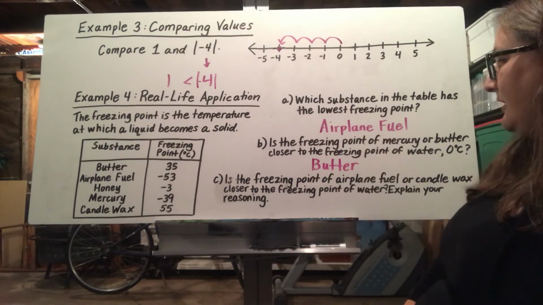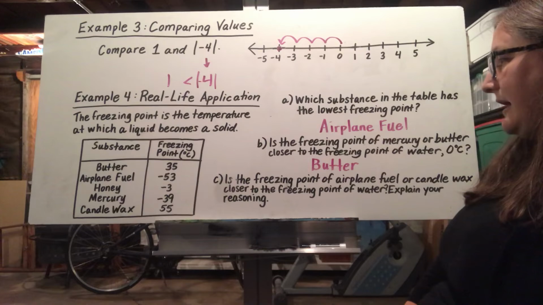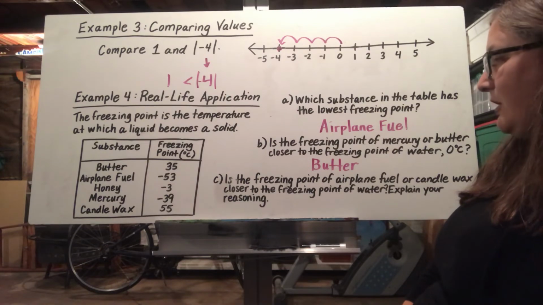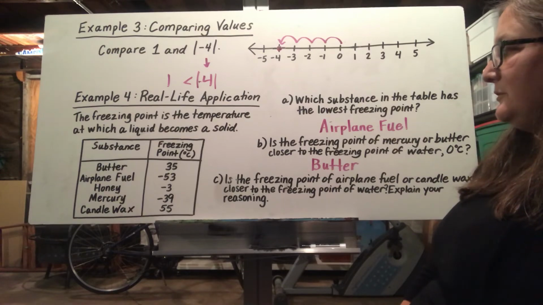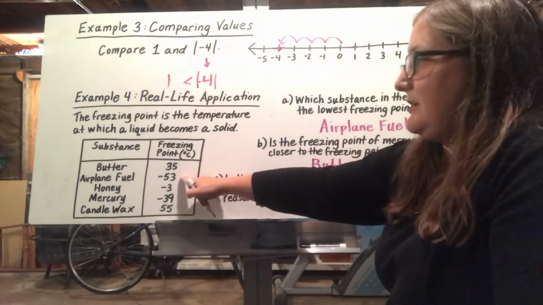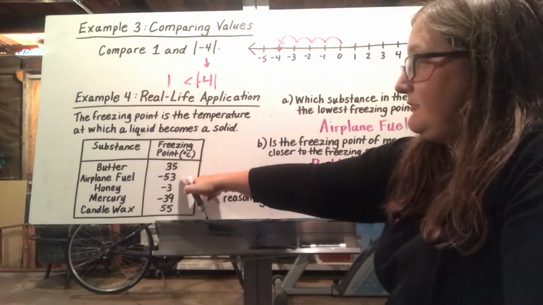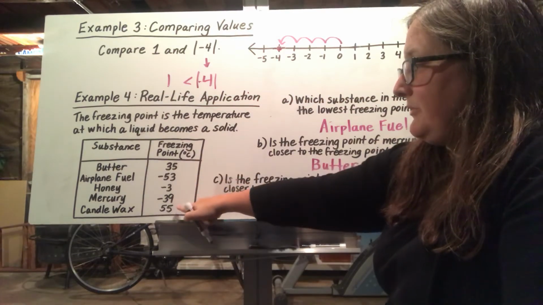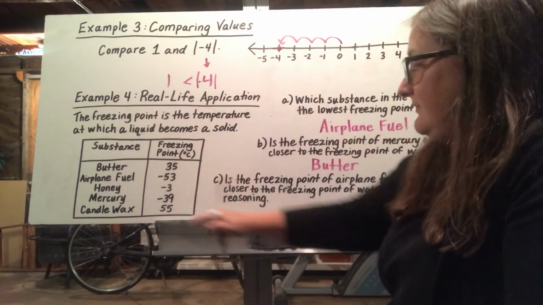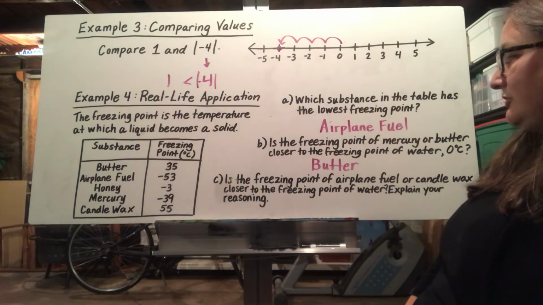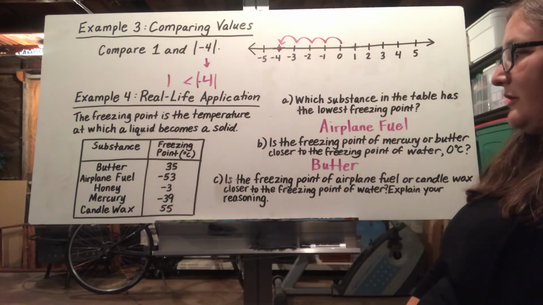Finally, is the freezing point of airplane fuel or candle wax closer to the freezing point of water? And explain your reasoning. All right, so airplane fuel freezes at negative 53, so it's 53 degrees Celsius from 0. And candle wax freezes at 55 degrees Celsius. So they want to know which is closer to the freezing point of water again.